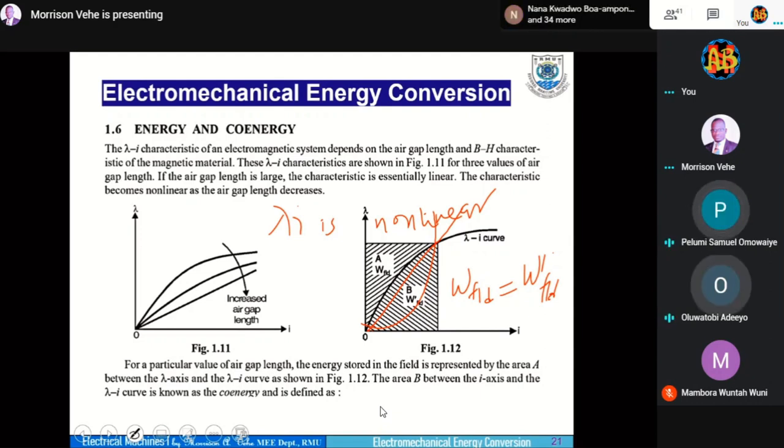It will also be a non-linear situation, where you have the energy greater than the co-energy. It is only linear when the energy is equal to the co-energy.